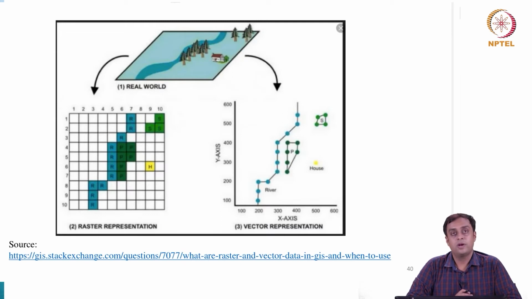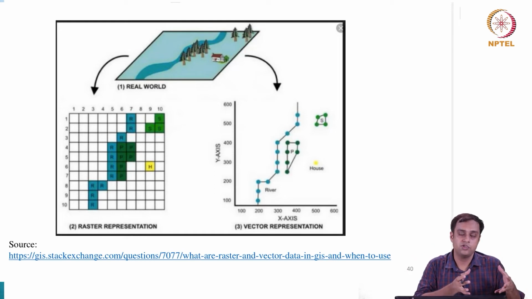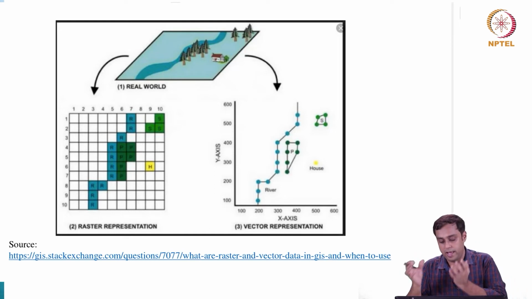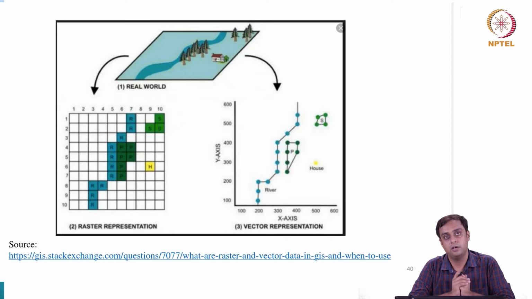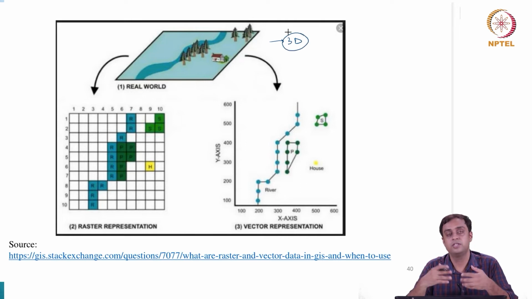And now what I am showing you is a contrast of a real world when stored as raster image or when stored as a vector data or a vector image, right. So what you see, first of all, now the real world is in 3 dimensions, right. So you have a 3D representation of the real world, which is unlike our previous 2 examples, right.